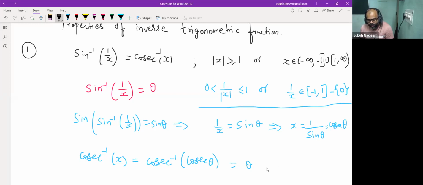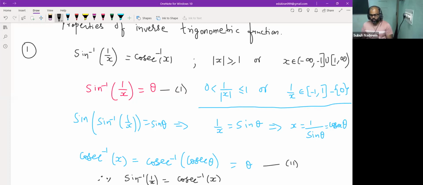So this is theta. Now from here, this is the second equation, and this is the first equation. Theta is sine inverse 1 by x as well as cosec inverse x. So therefore, sine inverse 1 by x is equal to cosec inverse x.